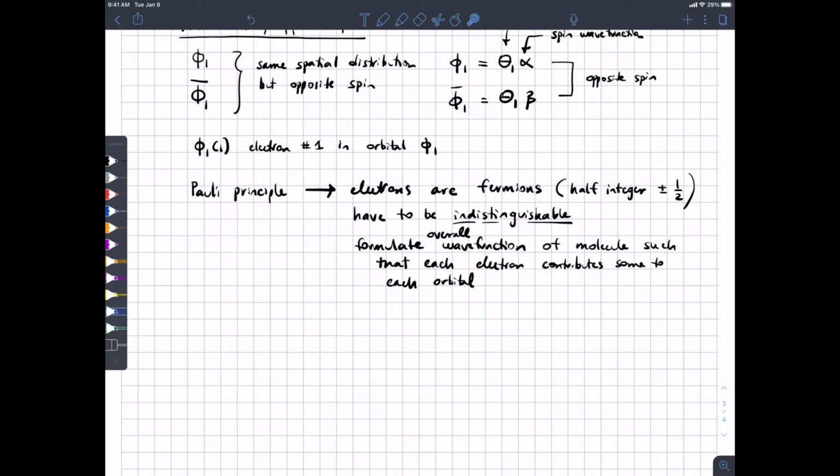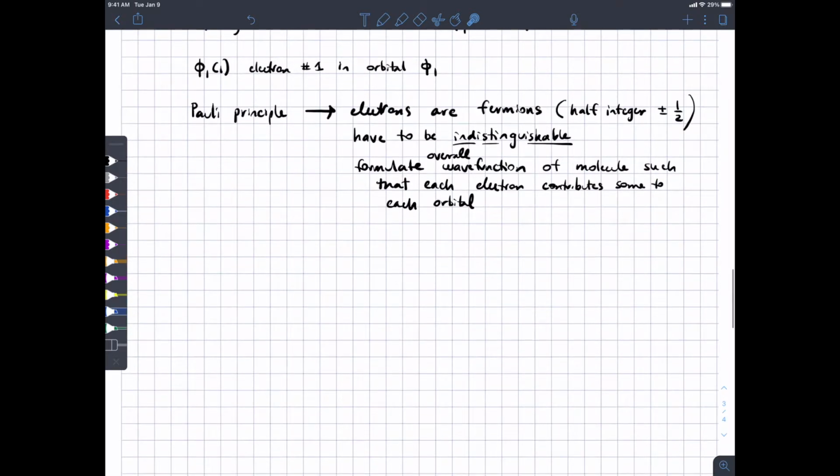I mean, that sort of derives from quantum theory. But it makes sense from the point of view that all electrons are identical and you can't tell one from the other.